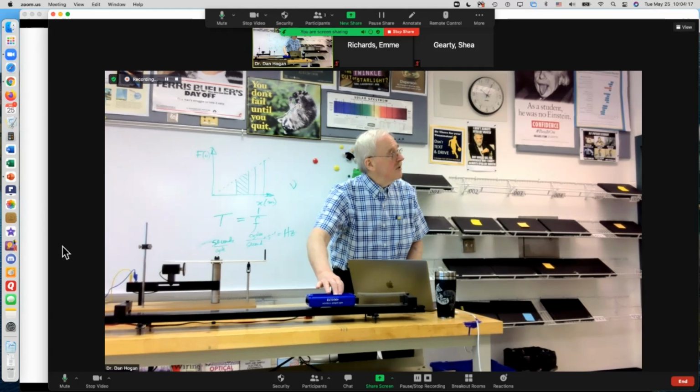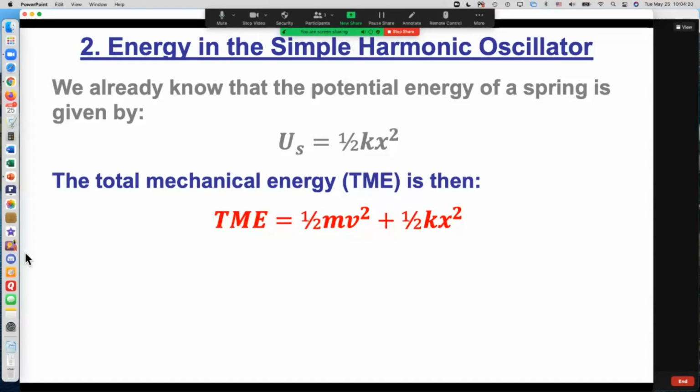All right, let me go back to the board so you can see. Oh, it would just be just potential energy, so 1/2 kx squared, yeah. Exactly. And notice that it doesn't matter whether the amplitude is positive or negative. This is always going to be positive because it's squared, right?